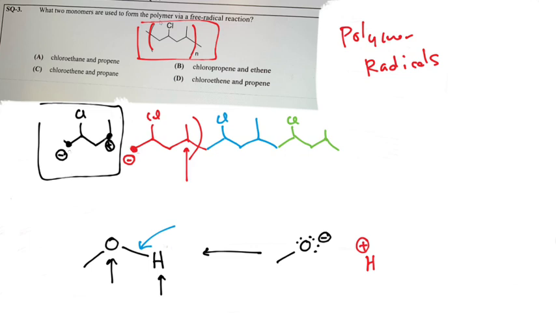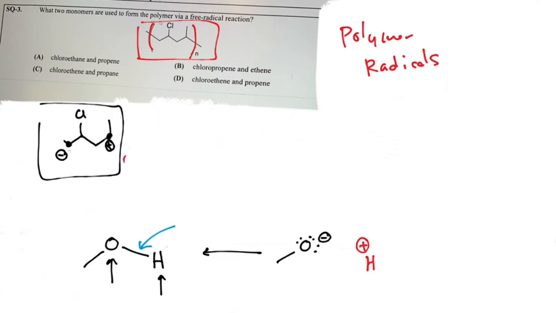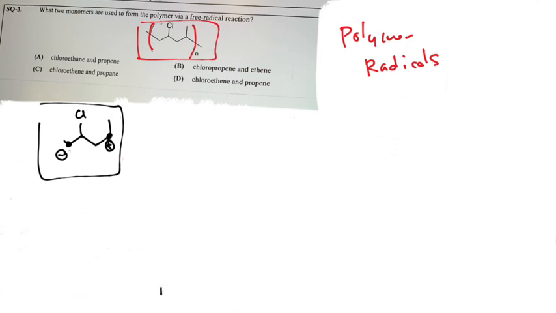None of them. Which means what we've identified as this reactive thing within the black box is not a single monomer. What is it? It's two monomers. Okay?